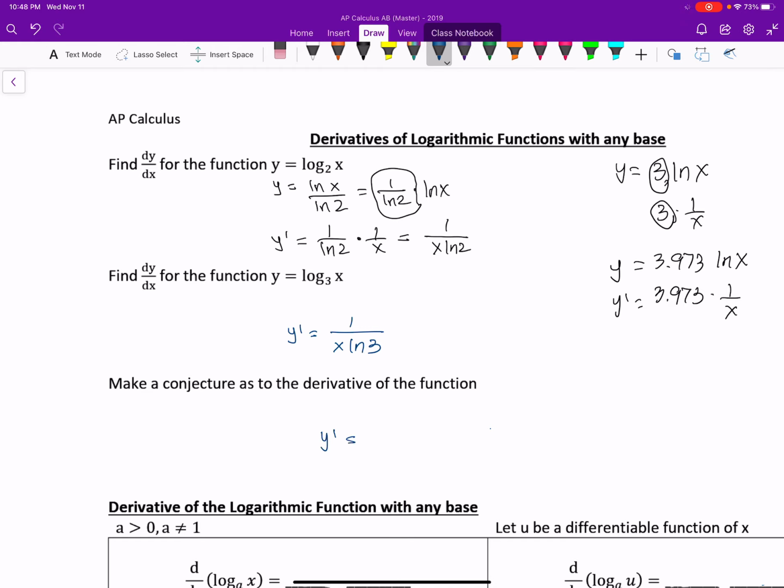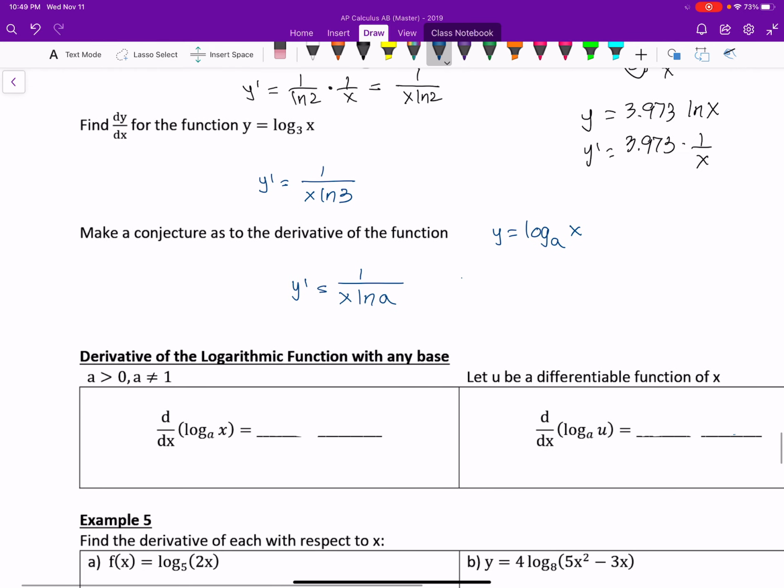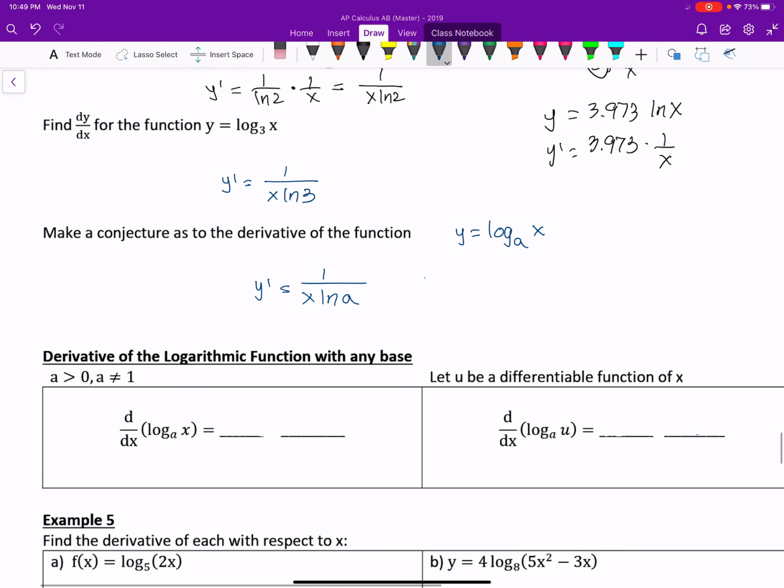And then the general would be, if I take the general function y is equal to log base a of x, it would be 1 over x times the natural log of a. And that's where we are at here. Just a few things. a has to be greater than 0, and a can't equal 1, or else we can't take a logarithm of it.